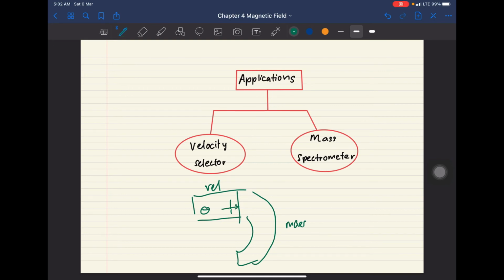If the velocity is a little bit higher or a little bit lower, it will end up over here, at the surface wall.